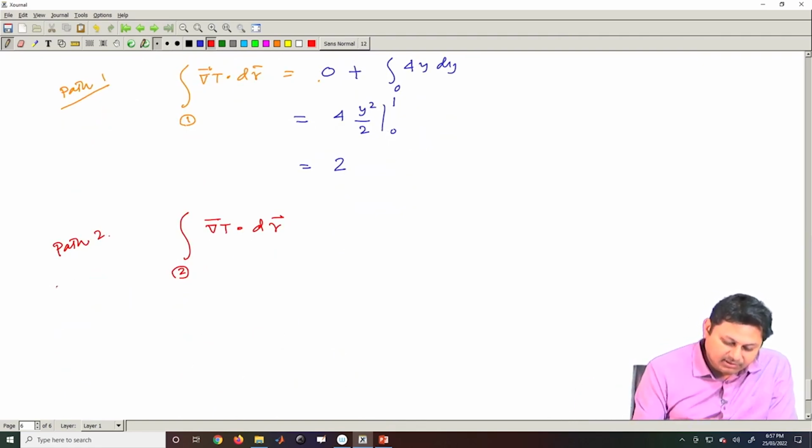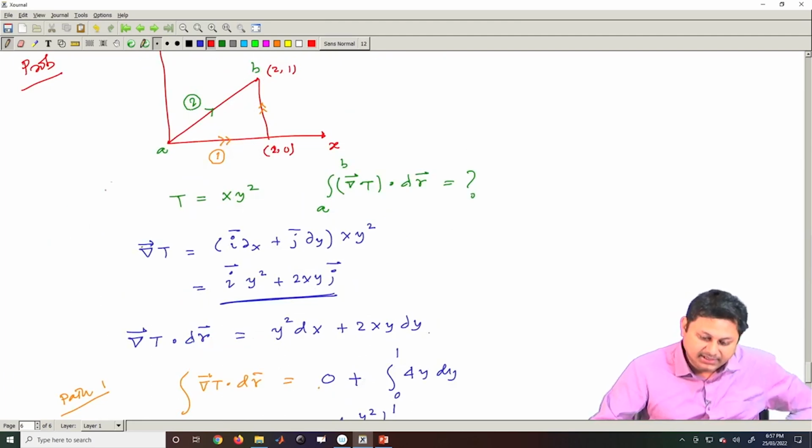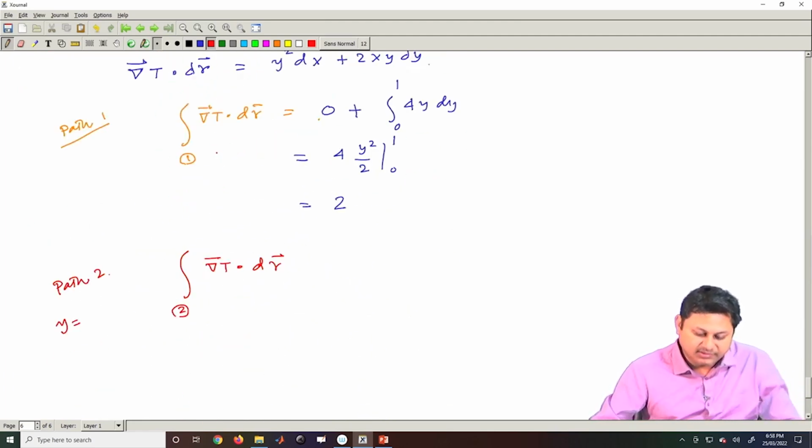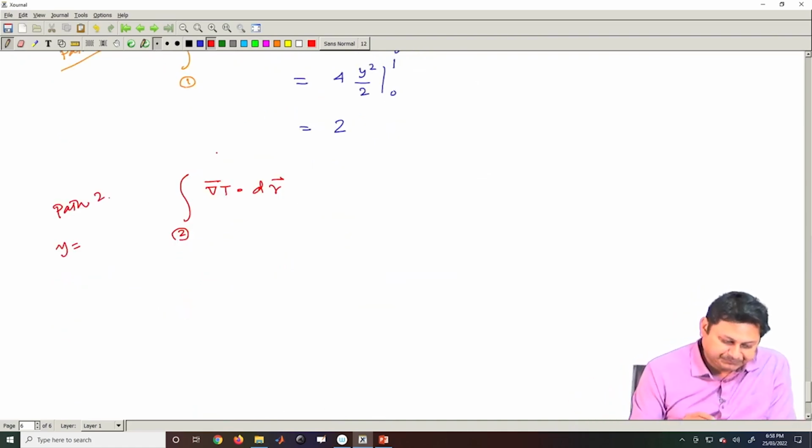You can see the coordinate here, this coordinate is (2, 1). So simply y is equal to x divided by 2, that is the relationship between x and y.